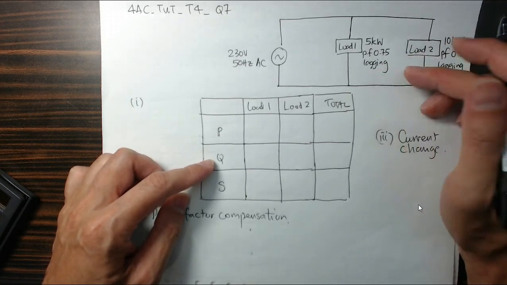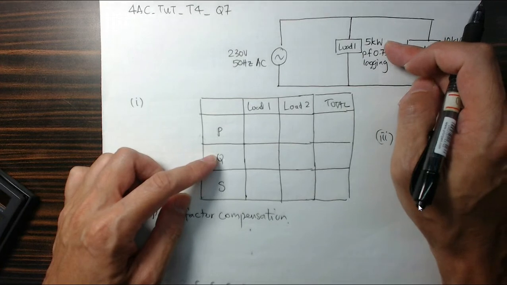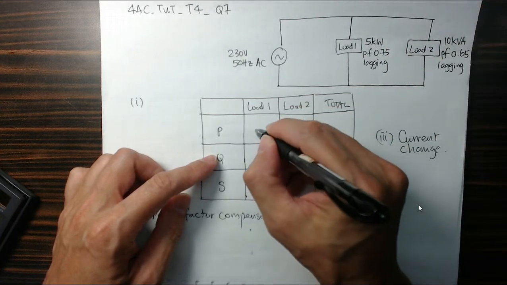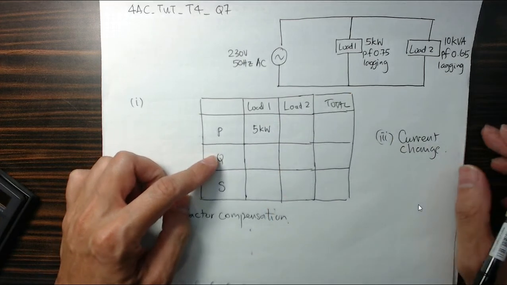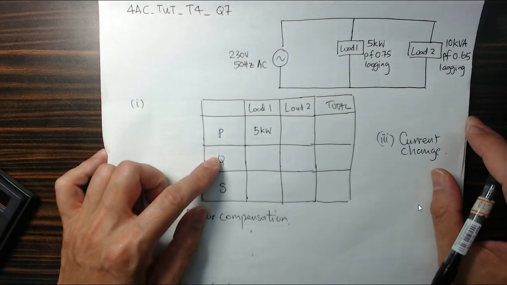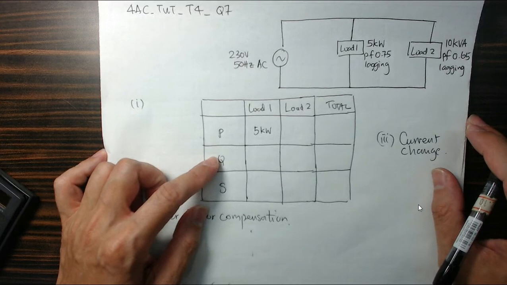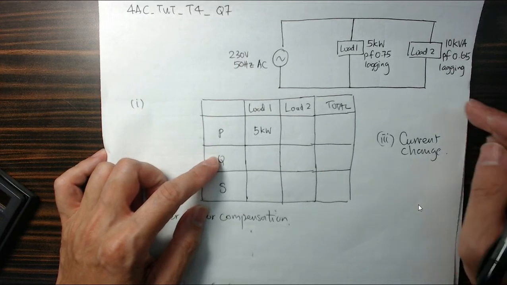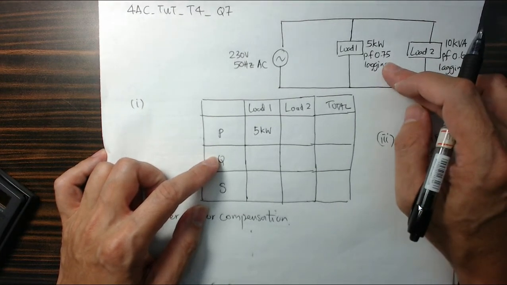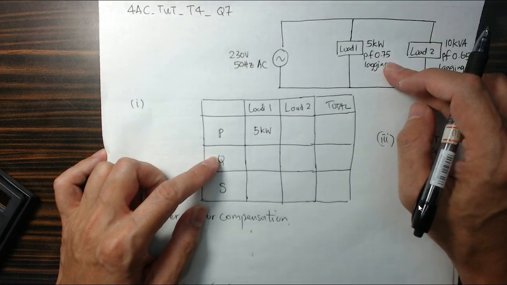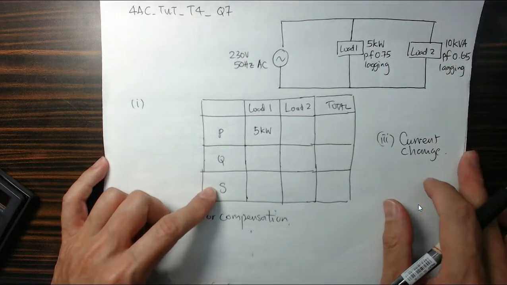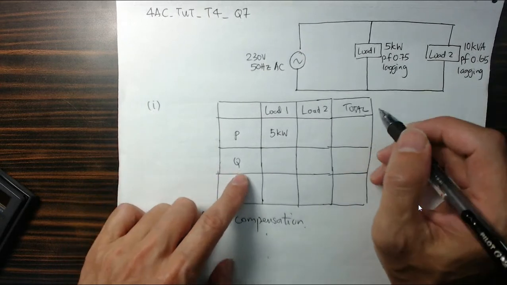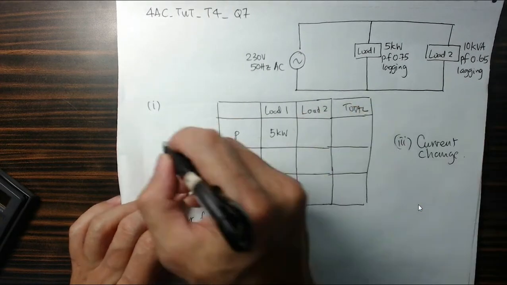In load 1, we are given the real power as 5 kilowatts, so I will just write 5 kilowatts here. Now, for the reactive power, based on the information given here, I can derive the apparent power and the reactive power.